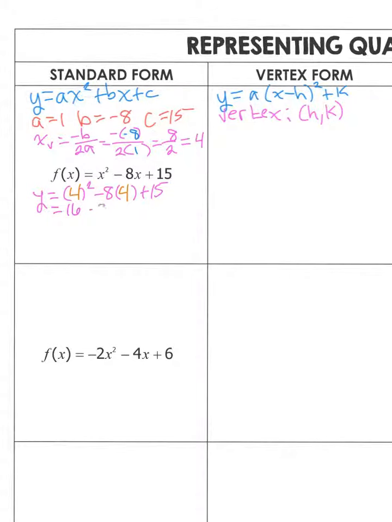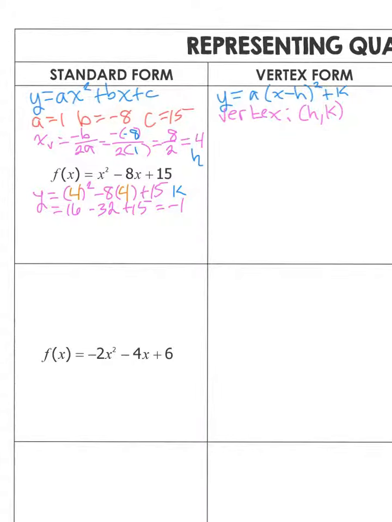Negative 8 times 4 is negative 32, plus 15. 16 and 15 is 31. 31 and negative 32 is negative 1. So this has become my h, and this is my k.